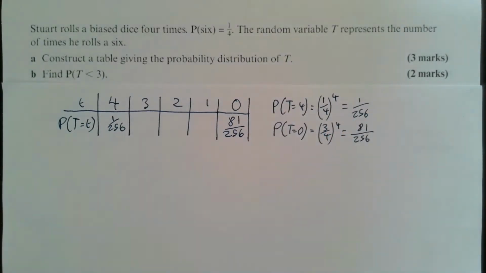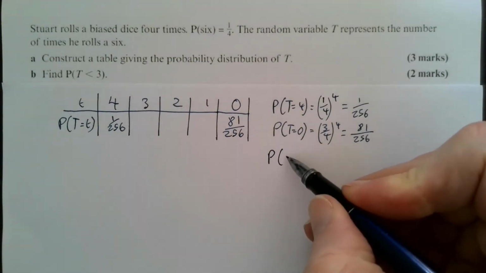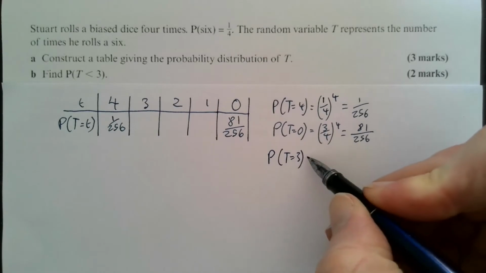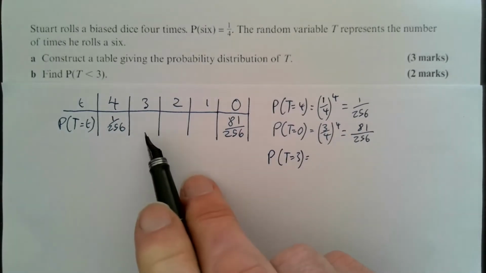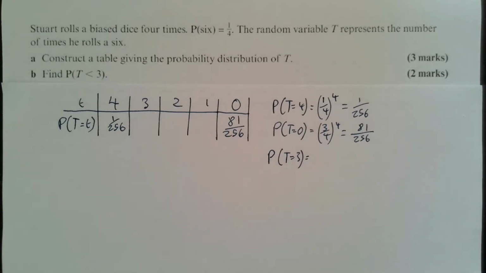Now, the thing we have in the middle is, if we go for 3, there are going to be 4 different ways of choosing this, but in case you've forgotten how we do that, we could look onto the calculator.